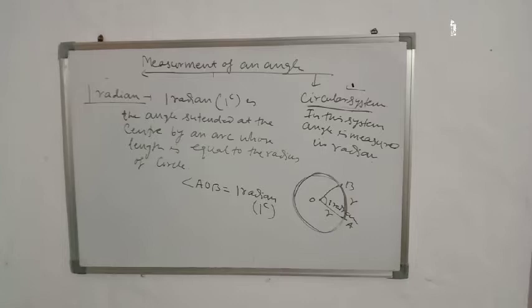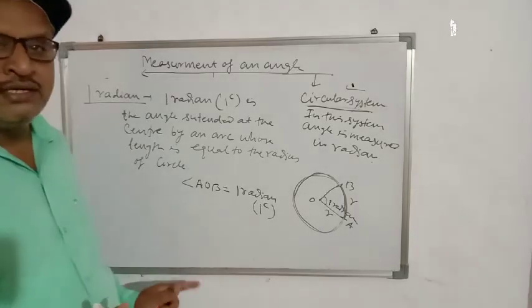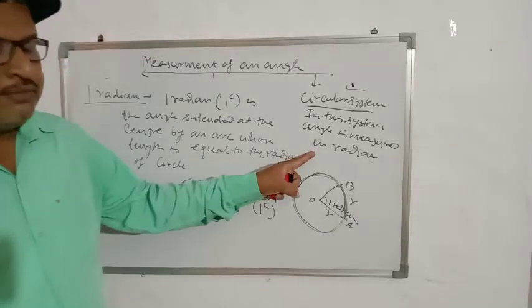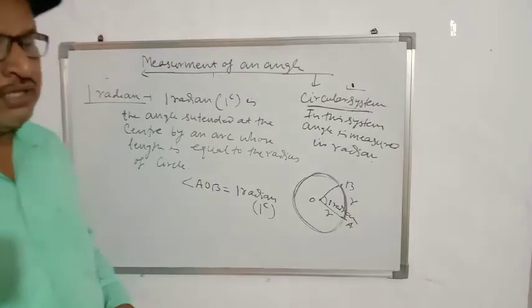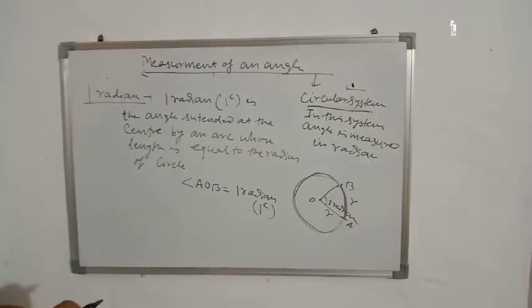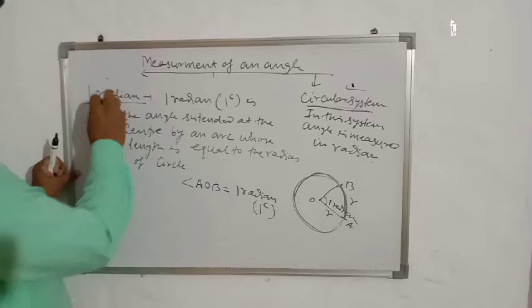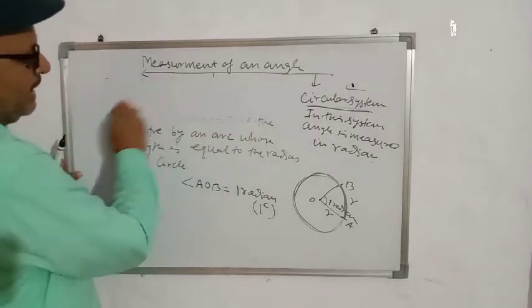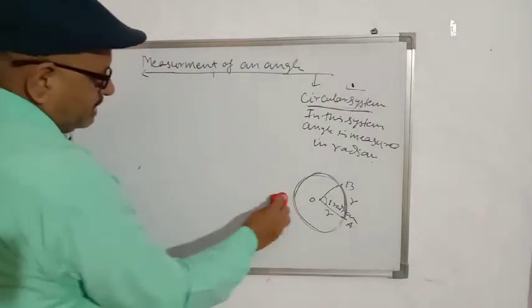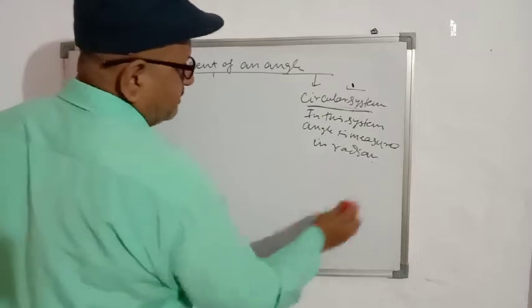Now we will see what is the relation between the radian measure and the degree measure of the angles. So next topic, relation between radian measure and degree measure of the angle.